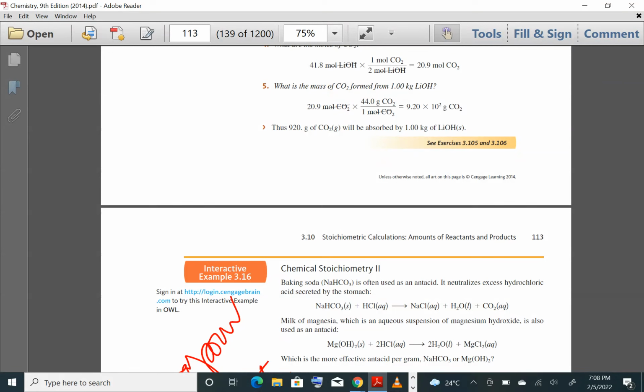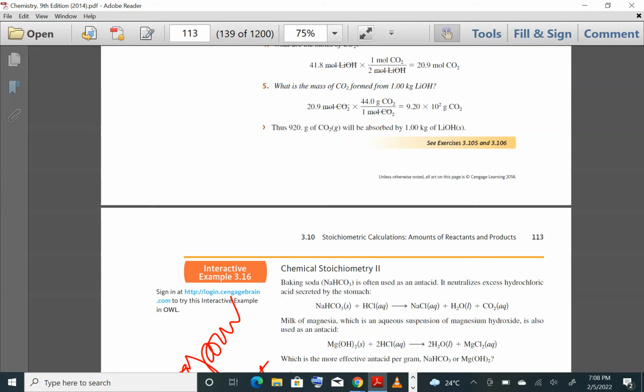So here we are going to use gram for each, and the reason is we are comparing per gram. And then we're going to find the number of moles for the magnesium hydroxide and sodium hydrogen carbonate. Then from there, relate using the mole ratios, just like we did last time.